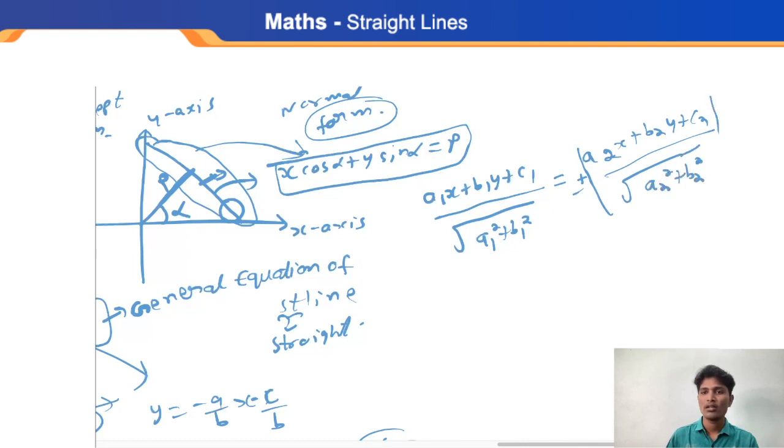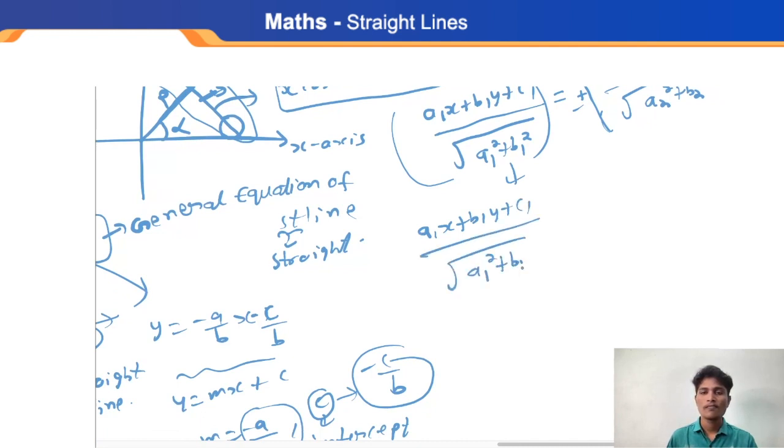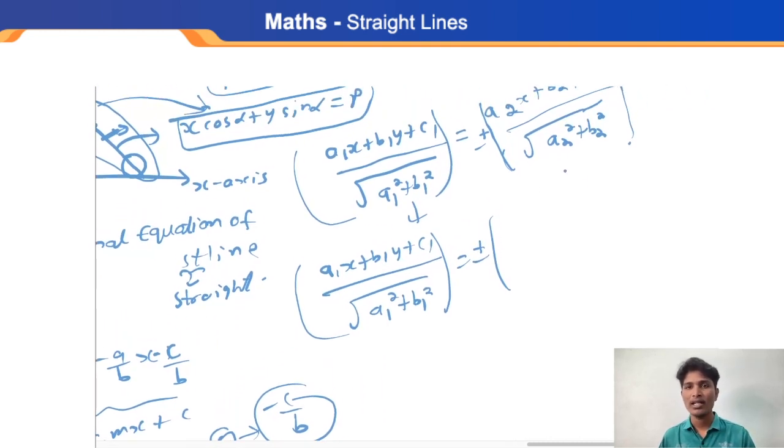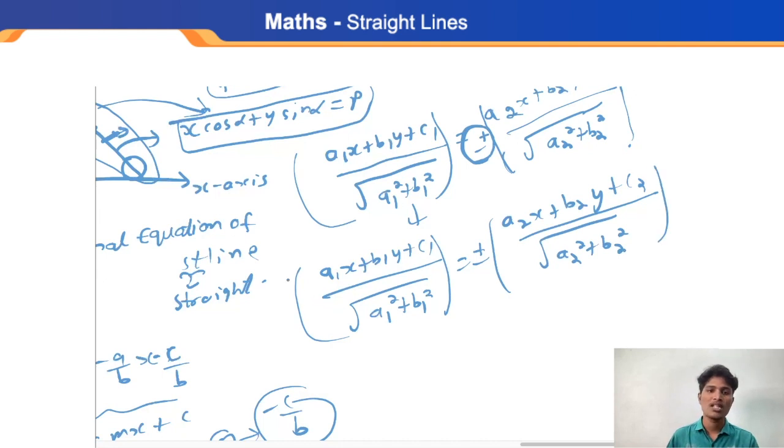Yes, this is not a modulus, this is simply a bracket. I am writing again. This is not the modulus, because we have opened the modulus. That is the reason we got plus or minus. Yes, this is the thing you have to understand.